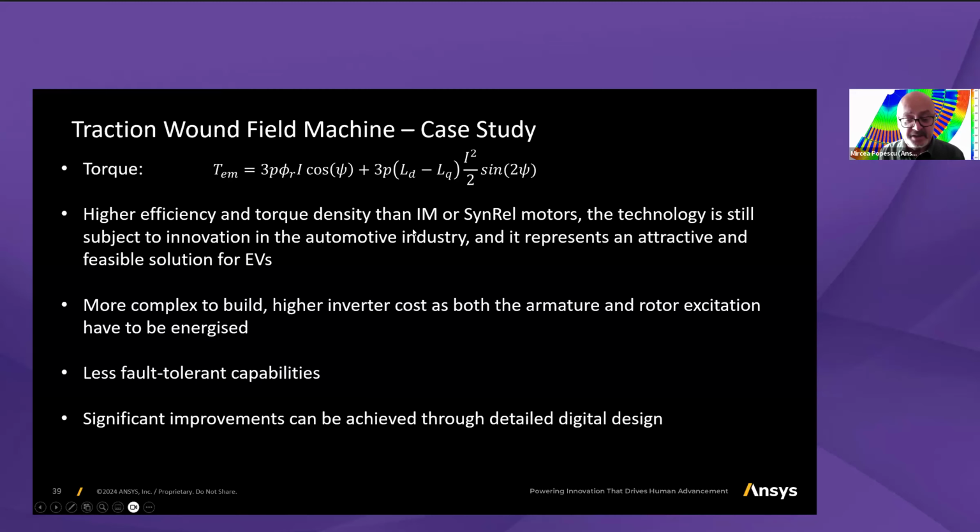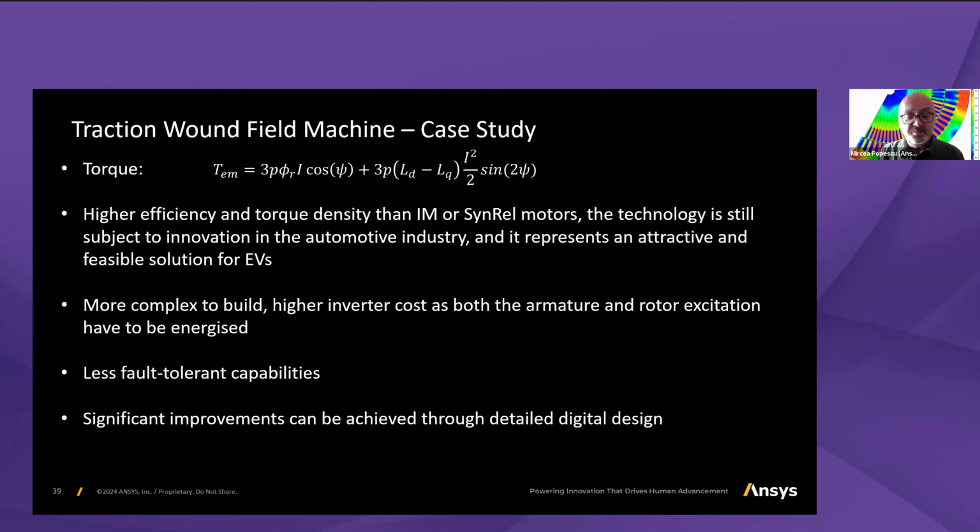So then it essentially behaves like a permanent magnet machine. We have both torque components, and we can consider different aspects to improve the performance of this machine. It's more efficient than both the induction machine and the synchronous reluctance machine, and torque density is the same. So if you want, it's an intermediate stage between induction and synchronous reluctance all the way to PM.